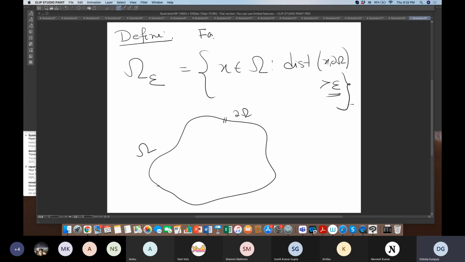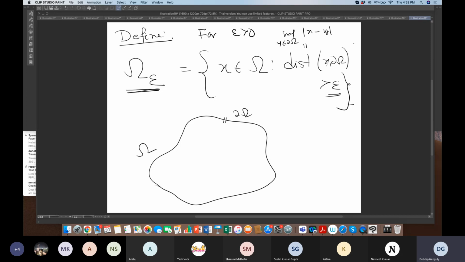For epsilon positive, I define a new set omega epsilon, which is a subset of omega. Suppose your x is in del omega. What is the distance between x and del omega? This is the infimum of the norm of x minus y, where y belongs to del omega.